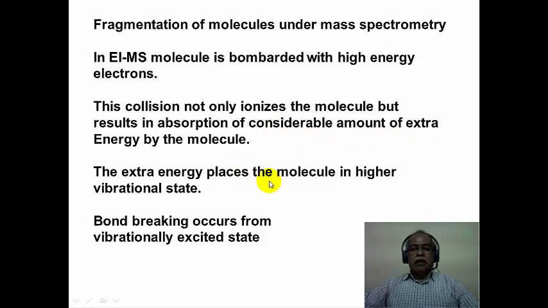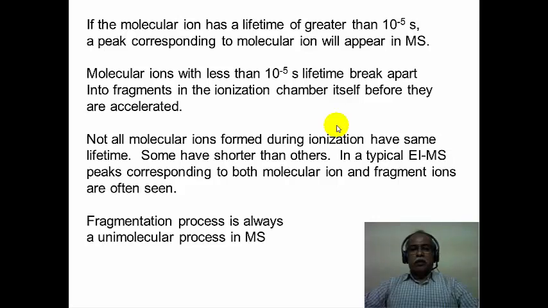This extra energy can place the molecule in a higher vibrational state. Once molecules are in the higher vibrational state, they can undergo bond breaking from the vibrationally excited state, resulting in extensive fragmentation. In fact, the fragmentation pattern is a fingerprint kind of signature of an individual molecule, and it is reproducible, and hence it is extremely valuable in structure elucidation problems.